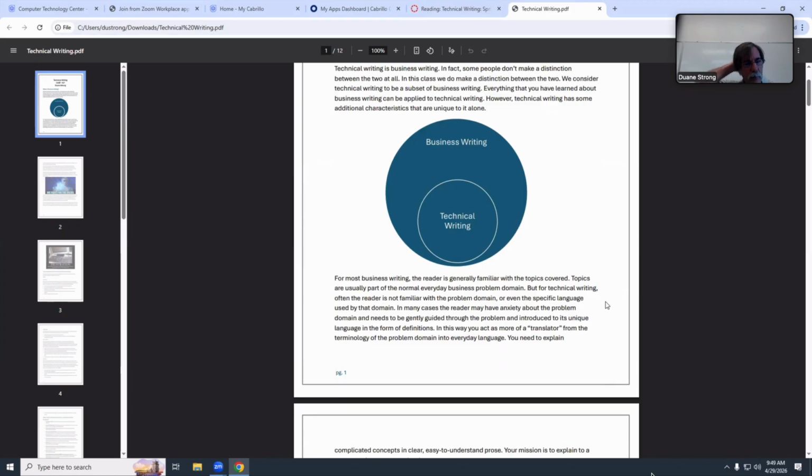The very first thing about technical writing versus business writing is that in business writing, yeah, sure, you're sending reports and memos around about various topics in business, but generally speaking, you're not going to be talking about things that other people don't understand. You're working within the normal, everyday business problem domain.